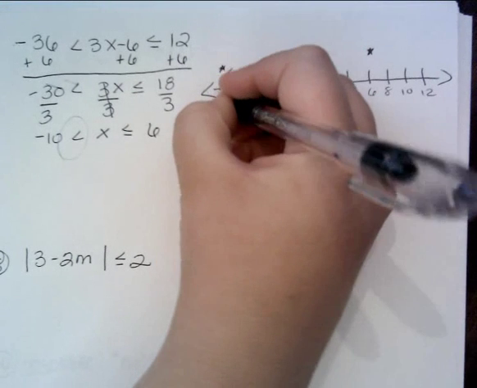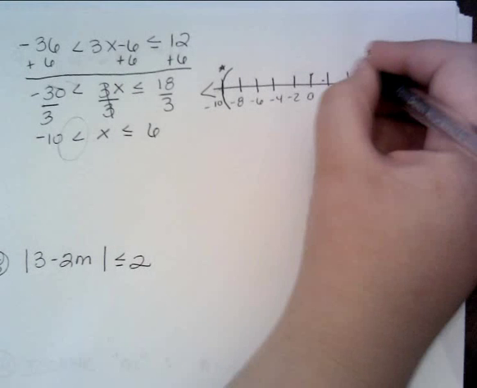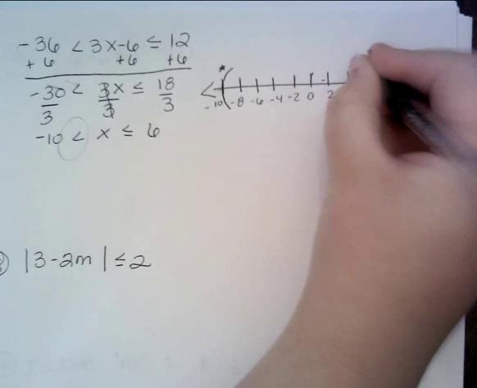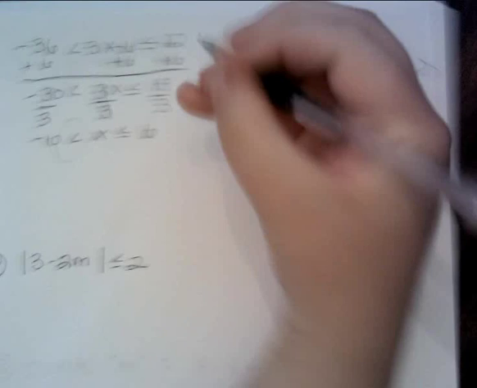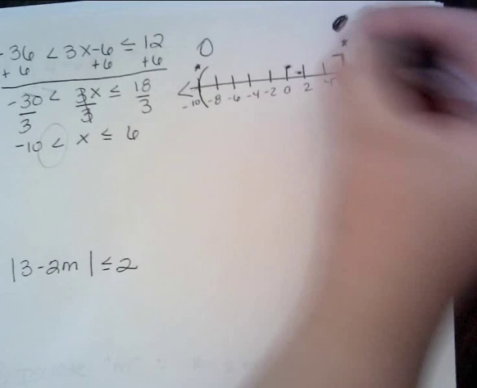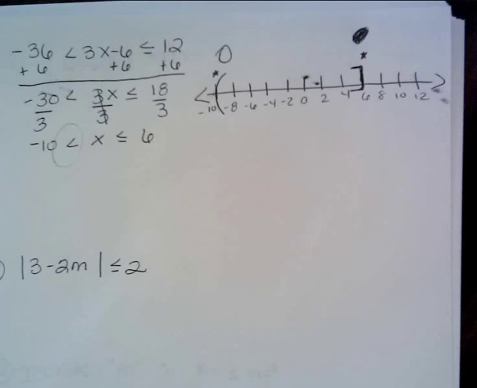If your teacher lets you use the circles, this would be an open circle and this would be a closed circle. Okay? And since it says that x is in between these two, sorry about all these extra little dots, guys, it says x is in between those two numbers. So we're going to shade in between. Okay?